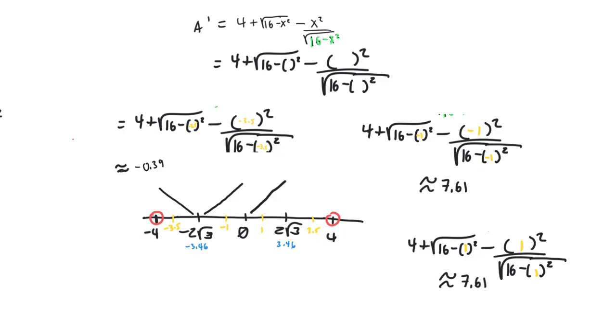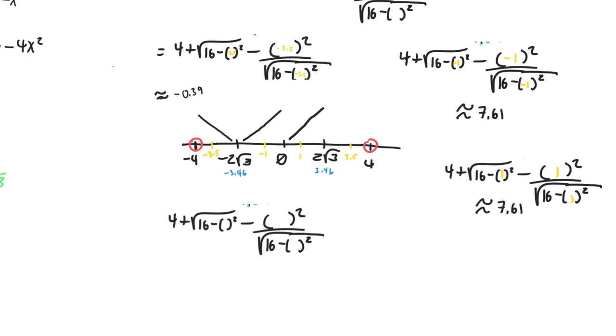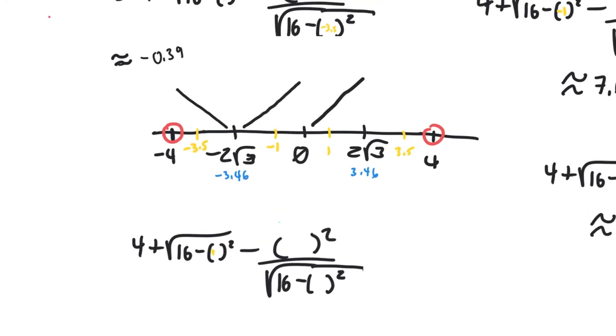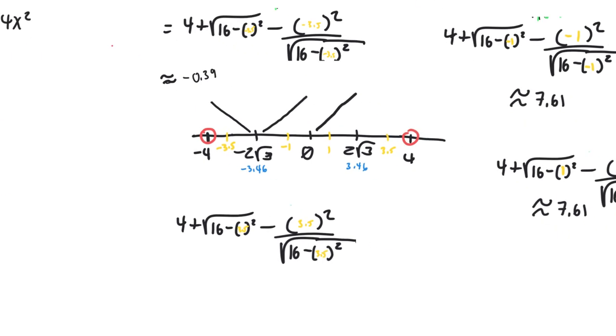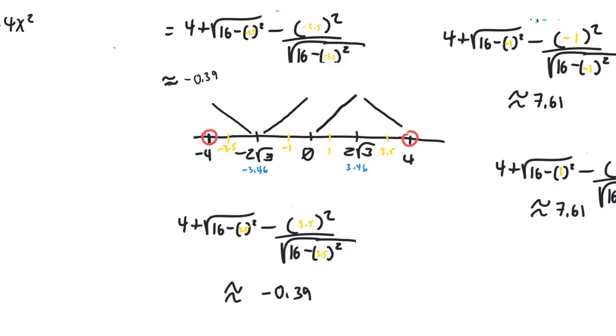And then finally, we will plug in that positive 3.5. I think we all see where this is going. And when I use my calculator for that, I end up with approximately negative 0.39, which is sort of like that right there, you know? So that is negative. Okay.